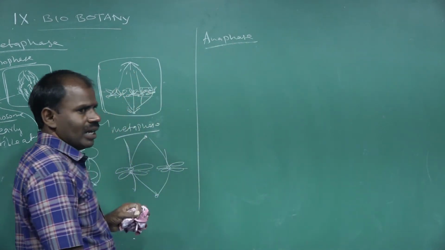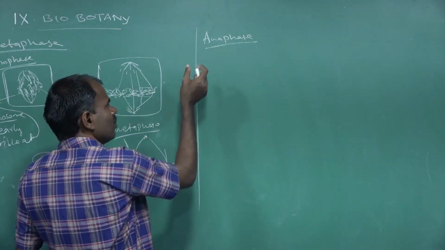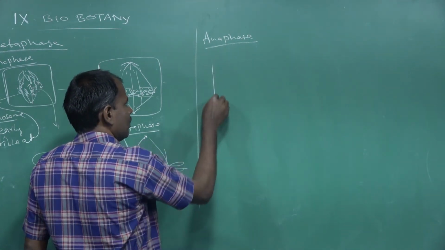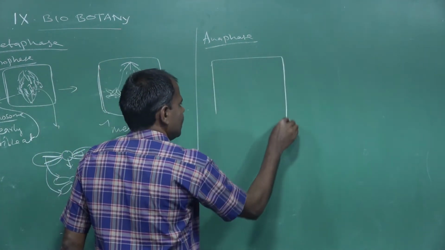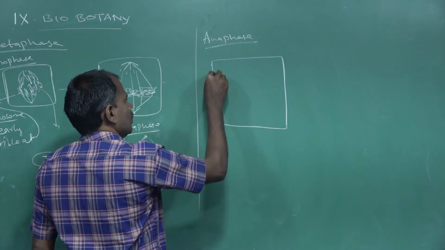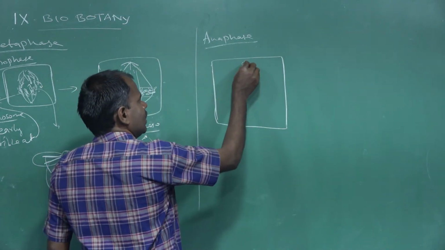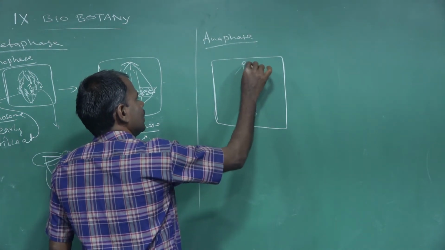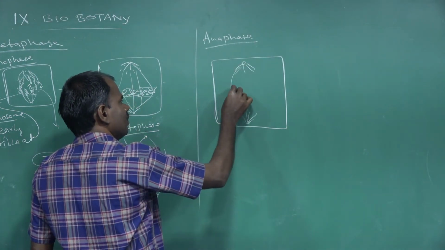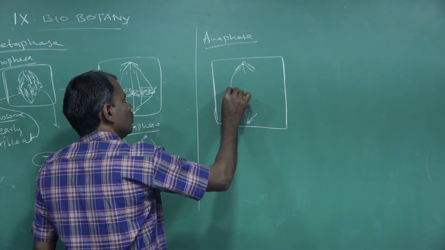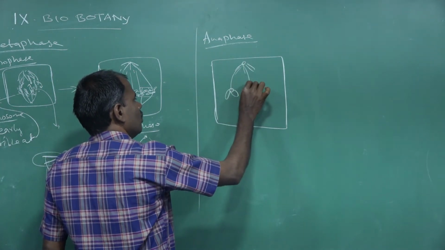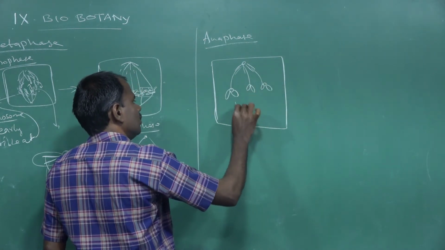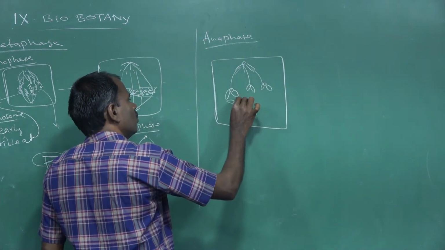Next stage is anaphase, in which the shape of the chromosomes may be seen. At the opposite poles, aster rays are formed. The spindle fibers attach here, to the centromere and the chromosome arms.